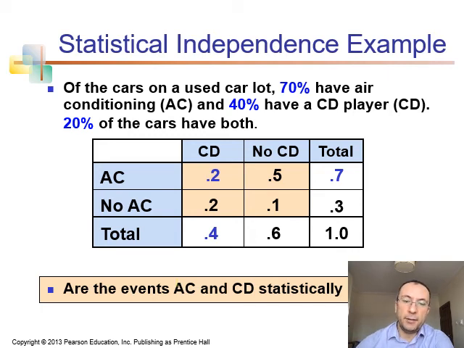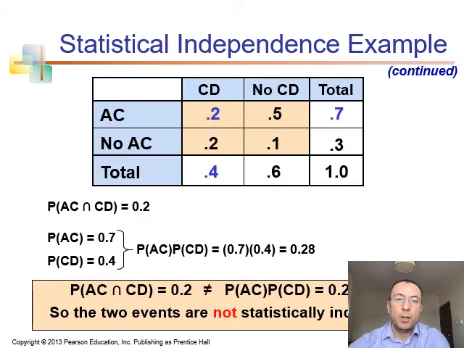Are the events AC, air conditioner, and CD, compact disc player, statistically independent? Now, to be independent, we have to check the probabilities. The probability of AC intersect CD is here. AC intersect CD, that is 0.2.